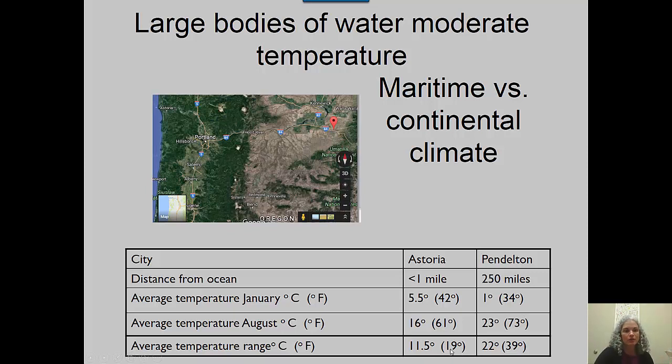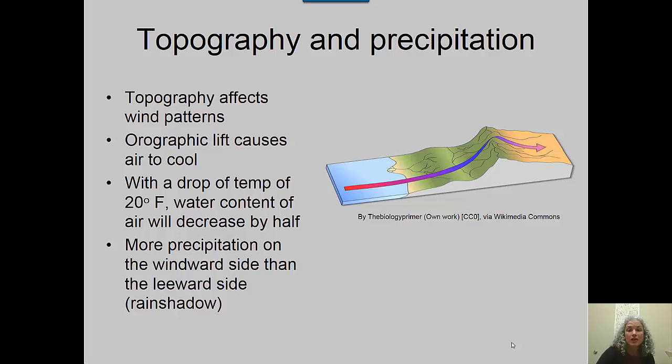The Pacific Ocean is cooling it down in the summer, and it's warming it up in the winter. We see more extreme changes in temperature on an annual basis further inland. So proximity to these huge bodies of water will also have an impact on local climate. And so does topography.